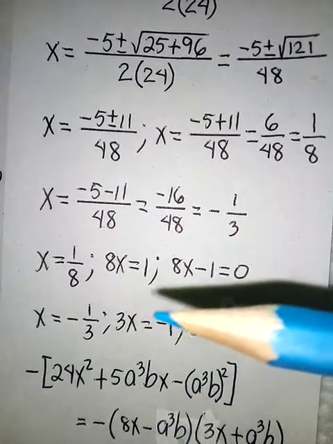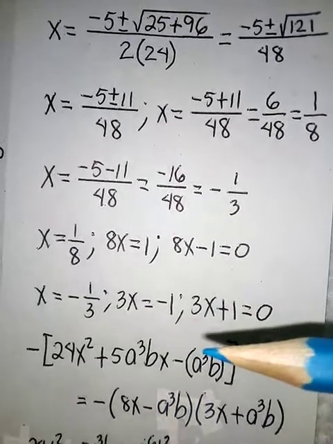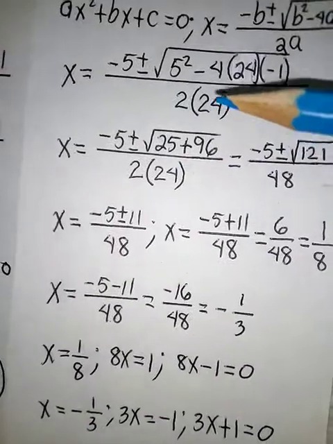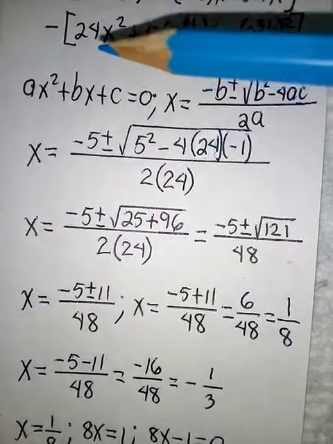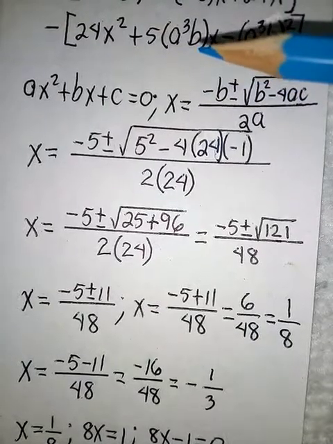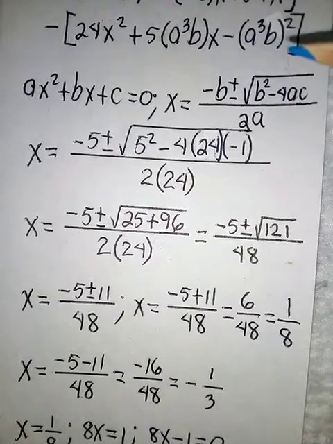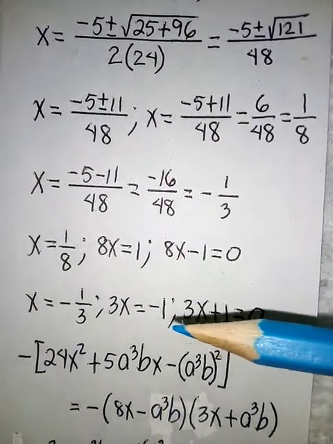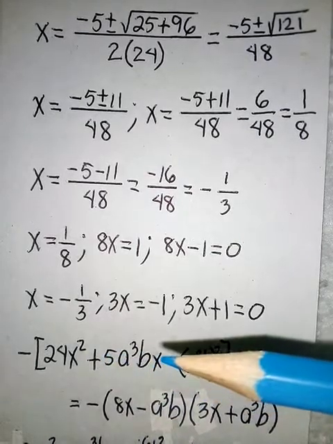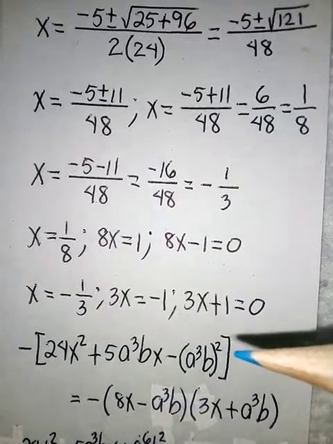So we have here the arranged equation to be negative bracket 24x squared plus 5 (a cube b) x minus (a cube b) quantity squared, is equal to negative, so we have here (8x minus 1) and (3x plus 1).